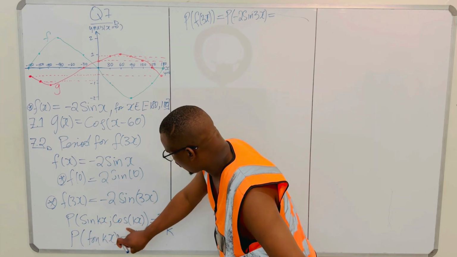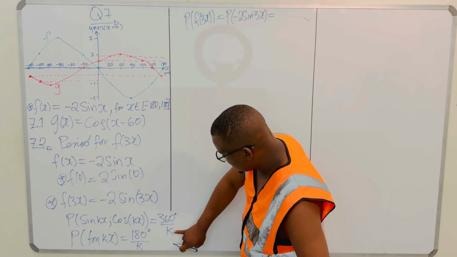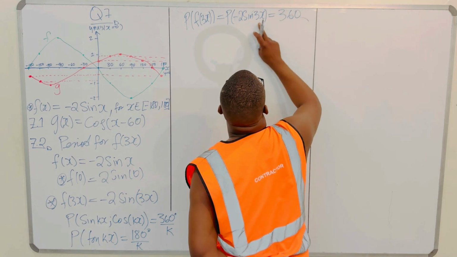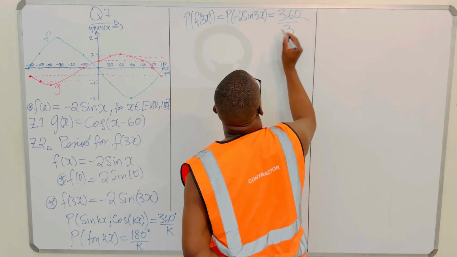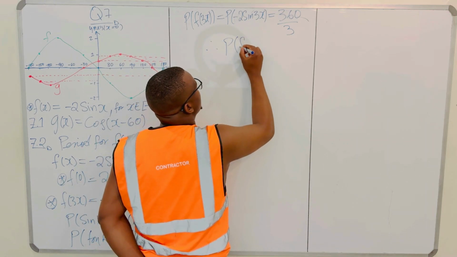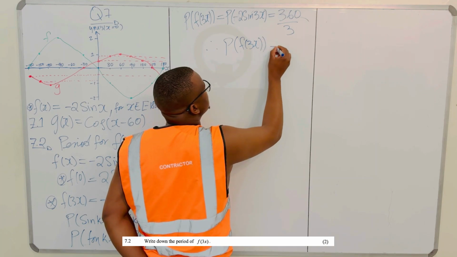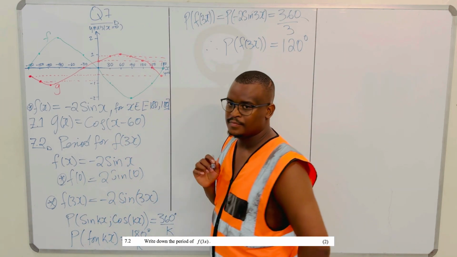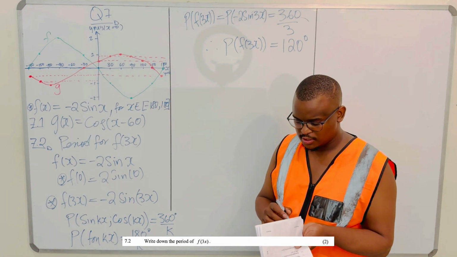If you have sine or cos, it's going to be 360 degrees divided by k. So you have sine there, so it should be 360 degrees divided by k, and your k is 3. Therefore, the period of f of 3x is equal to the answer of that, which should be 120 degrees. So that's how you calculate the period.